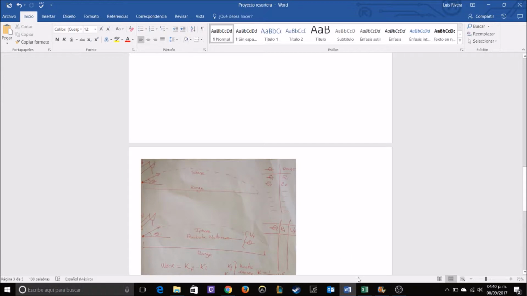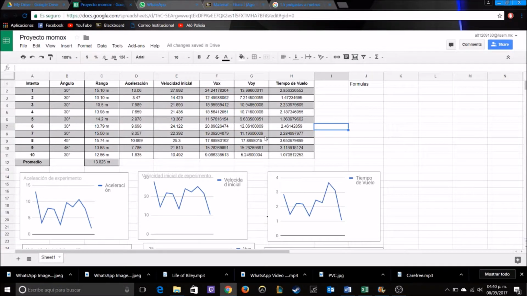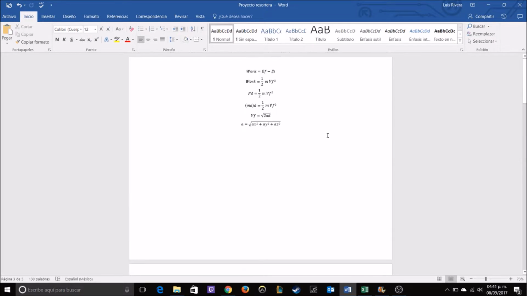Now, my recommendations for this project will be: learn how to use the formulas, especially these ones, because once you get a hold of how to use them, you will spare a lot of time in mistakes.